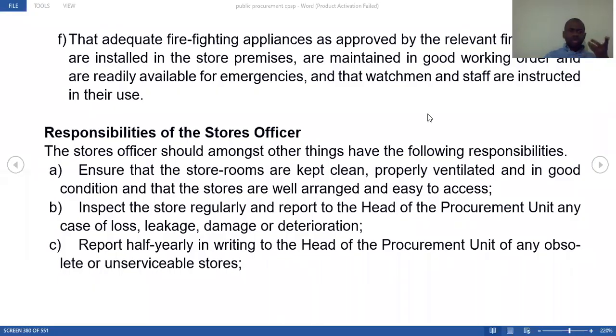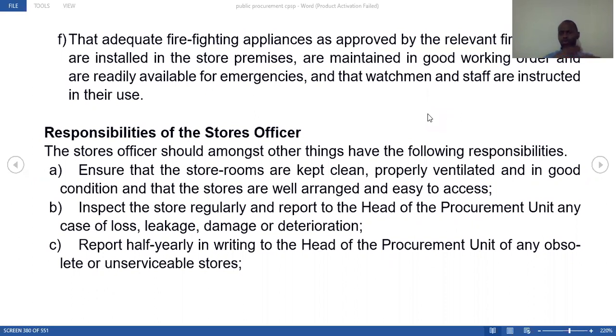So remember, we have a store officer who is in charge of the warehouse or the storerooms or various sub-stores, depending on the structure of a given organization. They are the ones who look at the conditions. They do some housekeeping to ensure that everything is up and running.